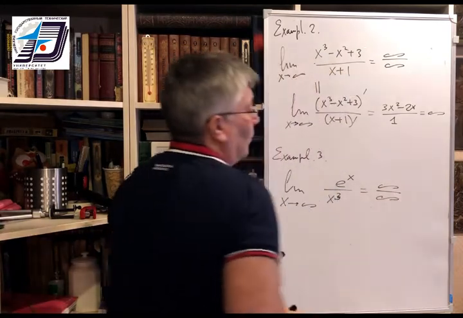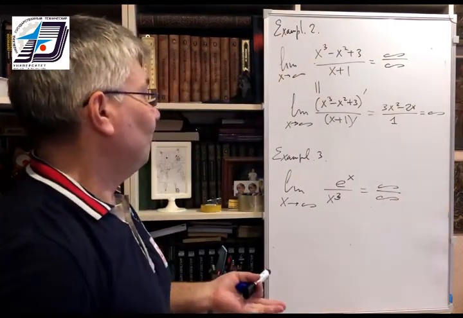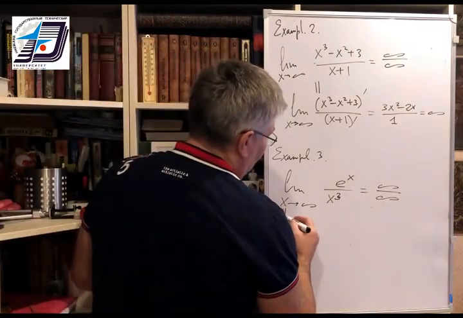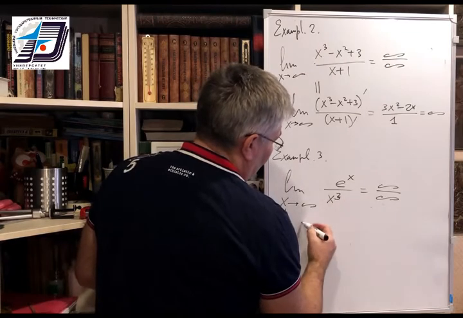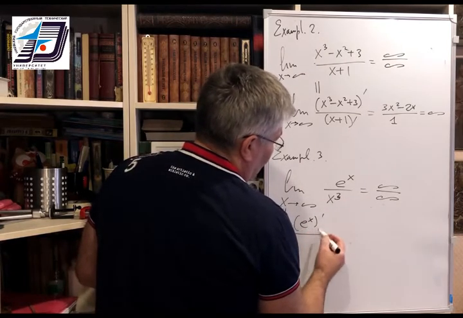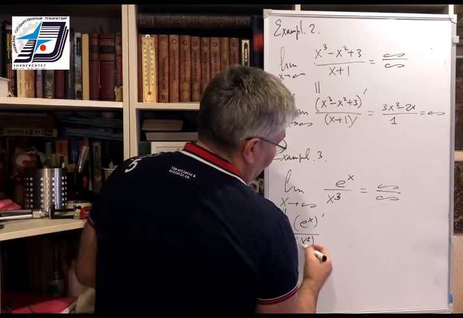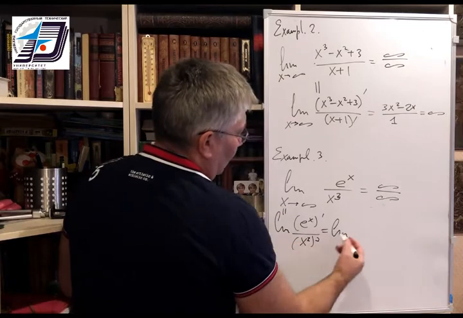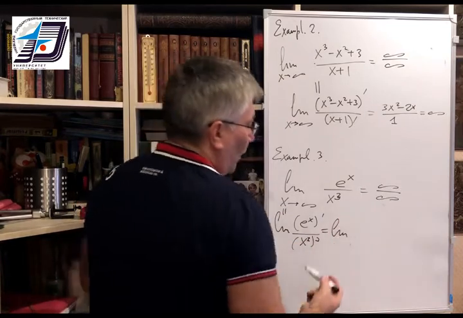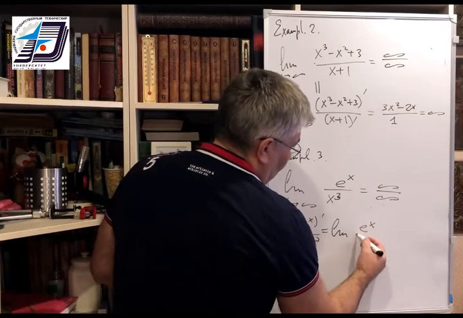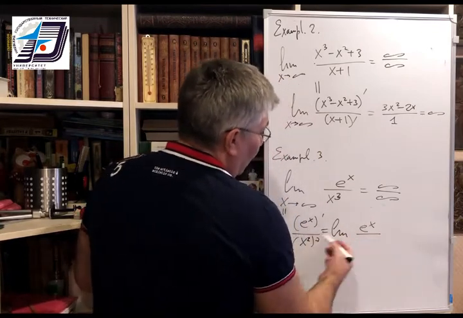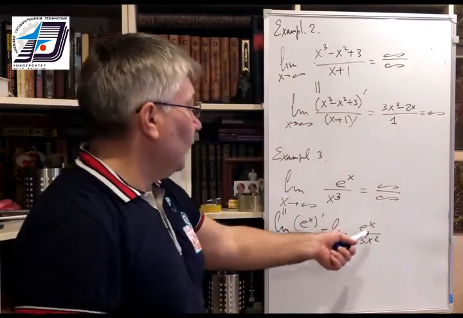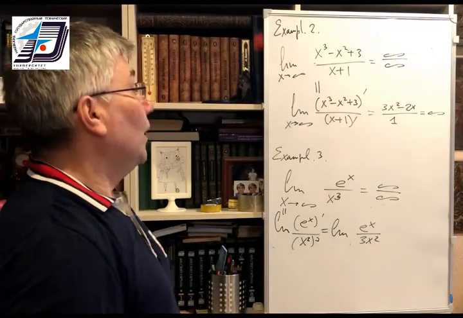So we have to calculate derivatives separately, of the exponent and of x cubed. Exponent gives exponent, x cubed gives 3x squared. If I put infinity here, I still have infinity, nothing changed.